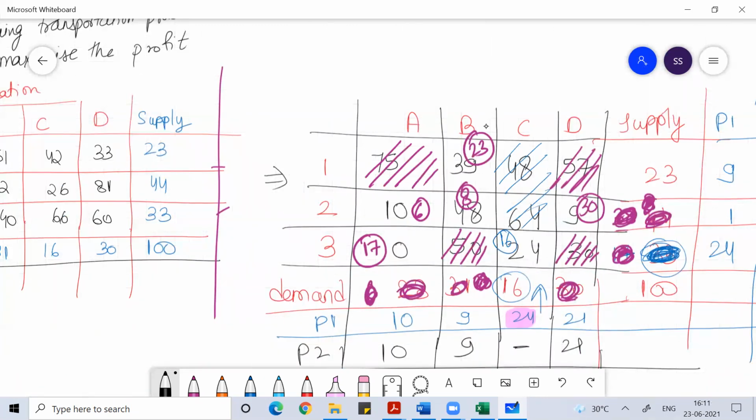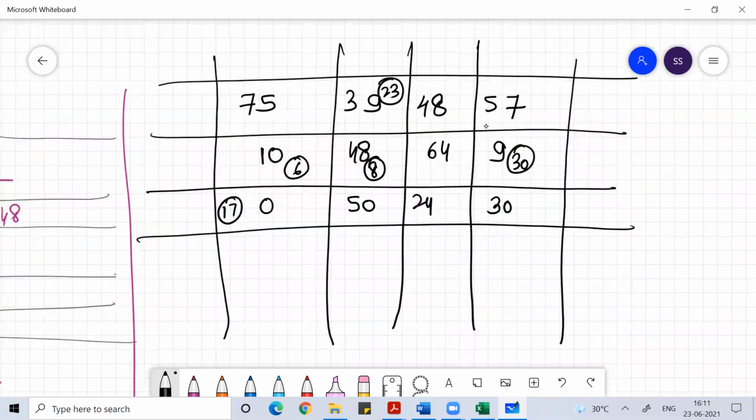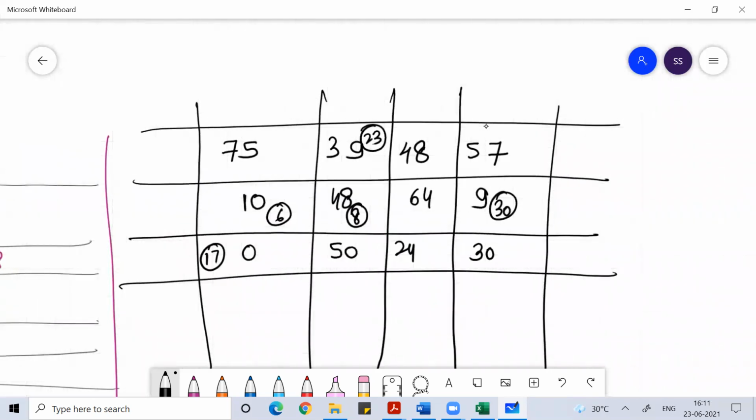Then 24, 16. Let me just see the supply and demand and confirm whether what I did is correct or not. So the first row 23 correct, second row should be 44. 8 plus 6 is 14. 14 plus 30, 44 correct.